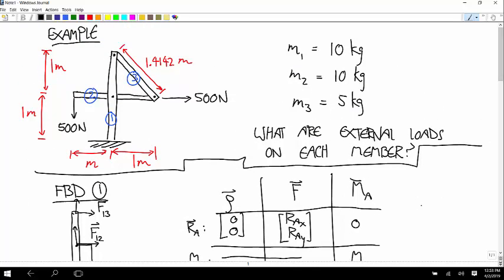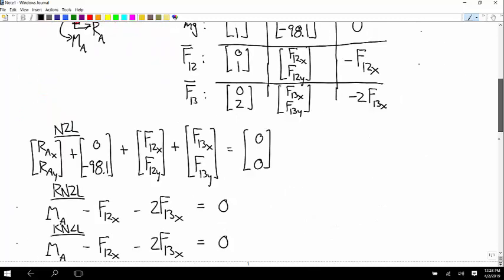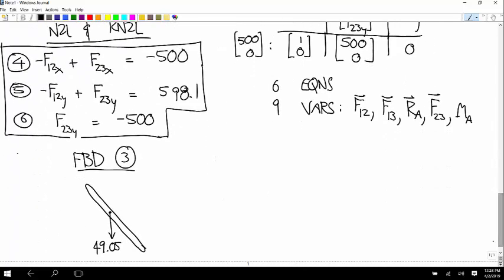Up top, member 3 is in contact with member 1. So that's F31, which is equal to negative F13. We know we have F13 because if the subscripts have the bigger number first, you've already seen the opposite version.